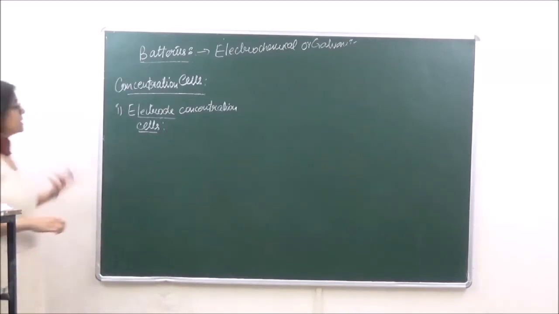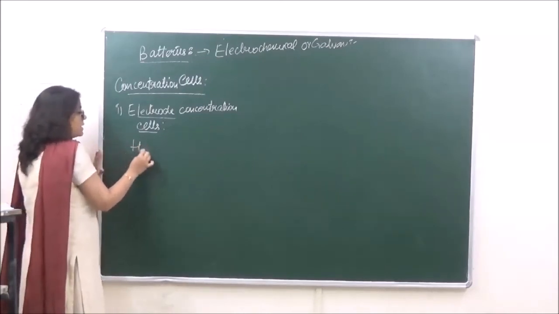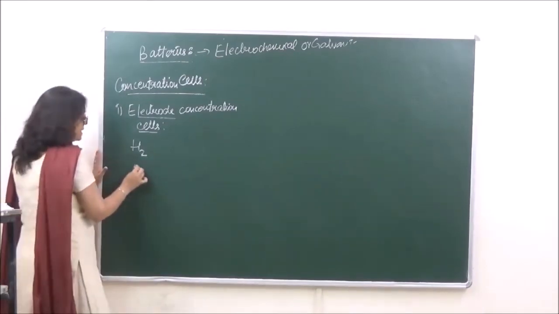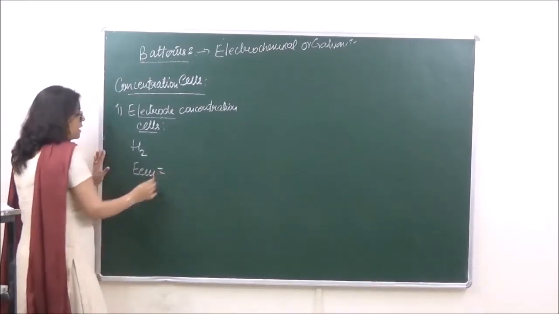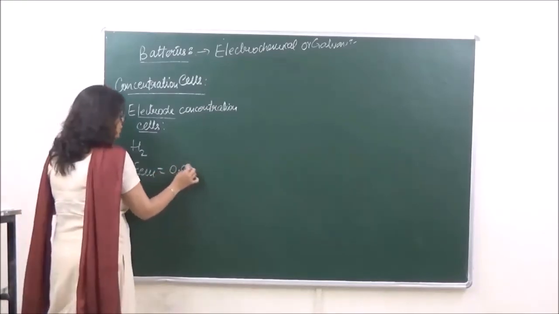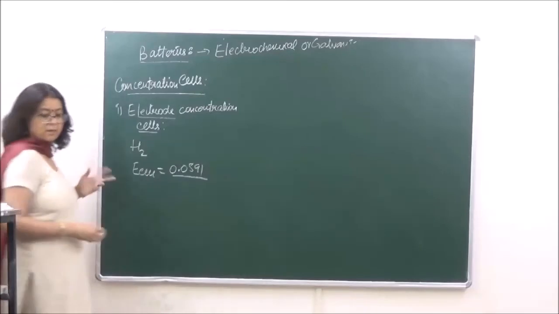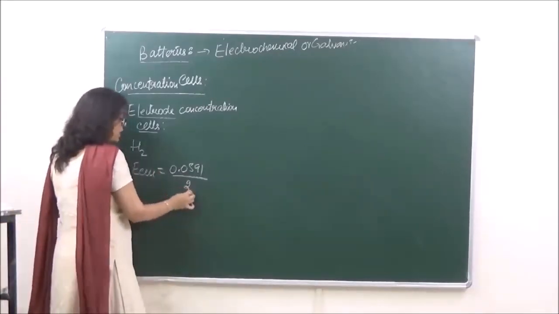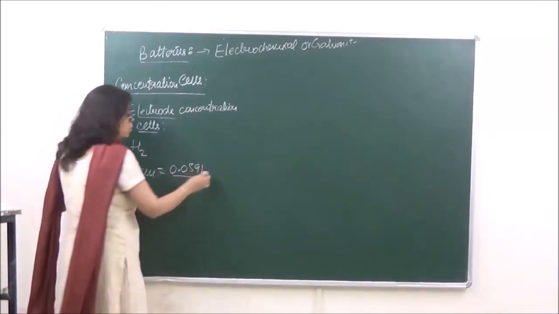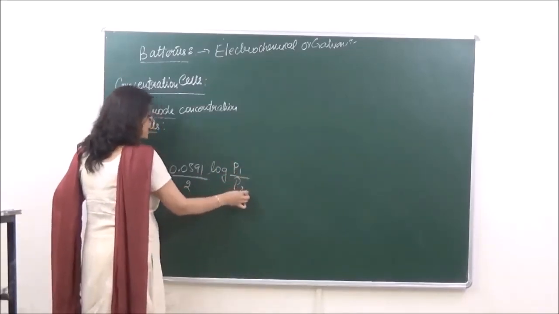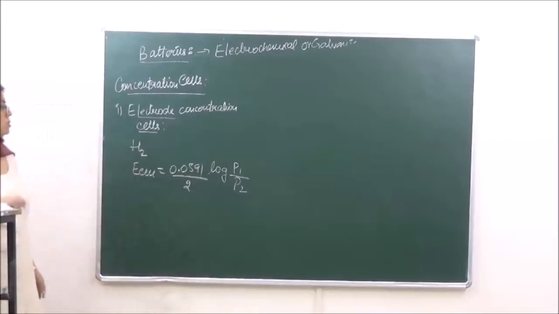So if we are taking, say, any gas, let's take hydrogen as a gas. In this case, when we are calculating E cell, that will be equal to 0.0591 upon N, or if you are taking hydrogen, the electron exchange is going to be equal to 2, log of, because we are taking a gas, we are going to consider the pressure, log of P1 upon P2.